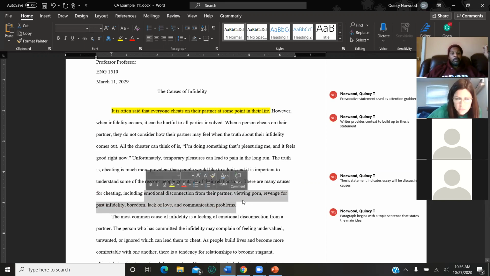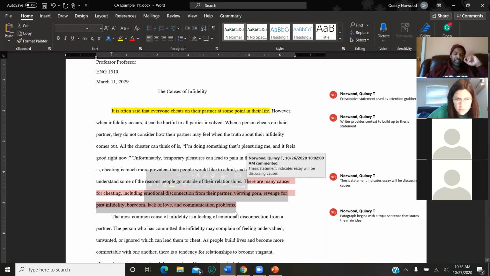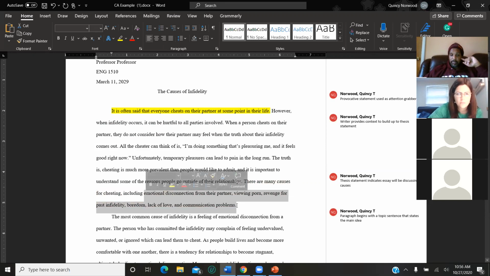There are some pros and cons to a thesis statement that's set up this way. I can see a con already. The way he set this up, I'm basically going to expect an explanation of each thing that he's written down here. That's the pro and the con at the same time, because it does lay out a list of things, and me personally, I'm not really a huge fan of lists in essays.